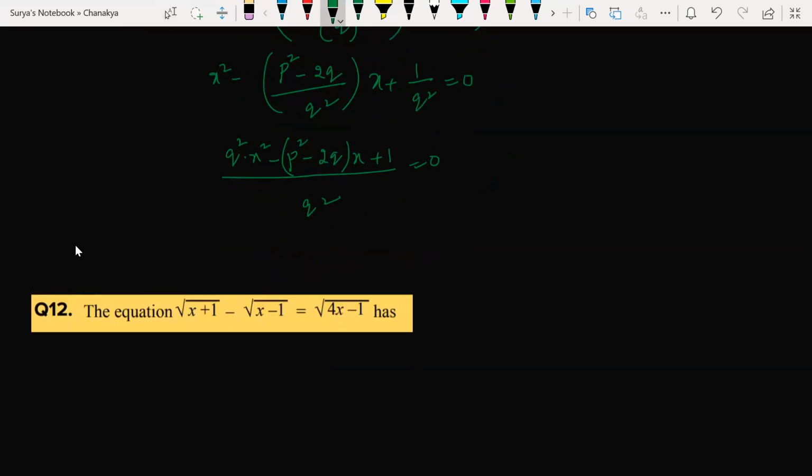So what will you get here? q square x square minus (p square minus 2q) x plus 1 is equal to 0.